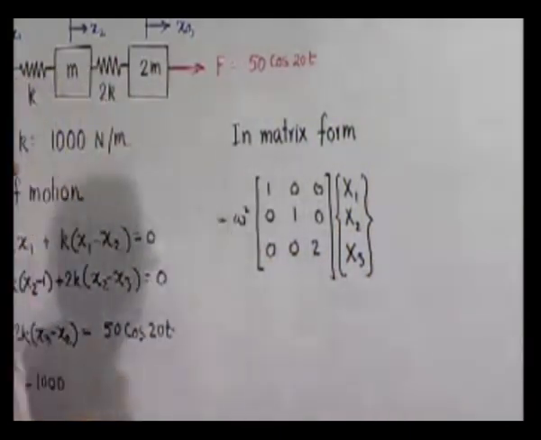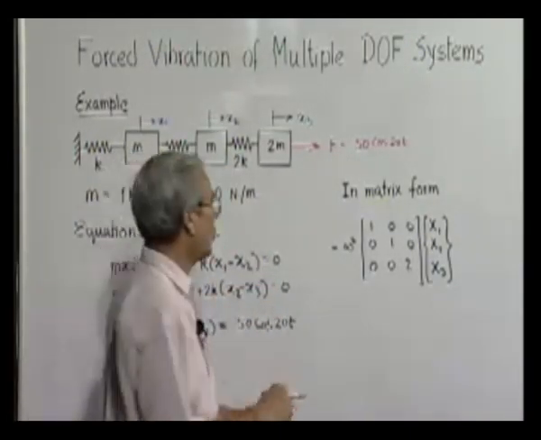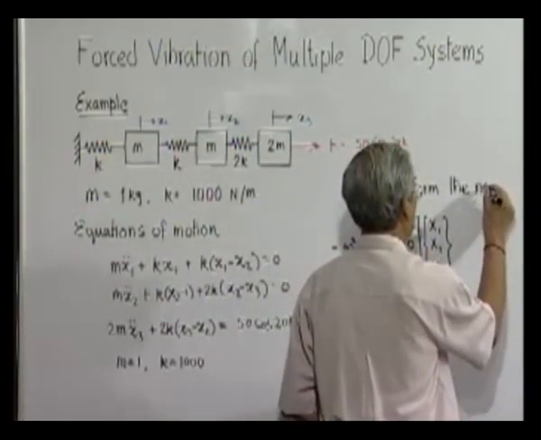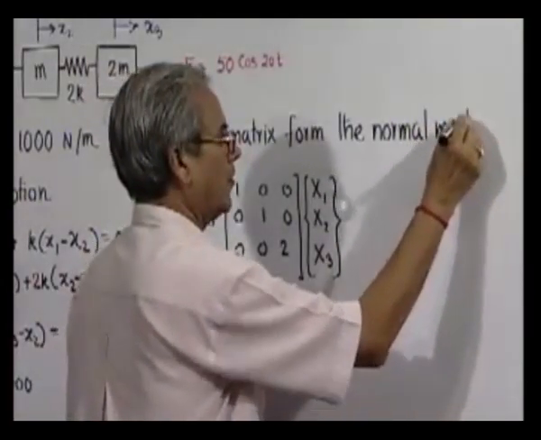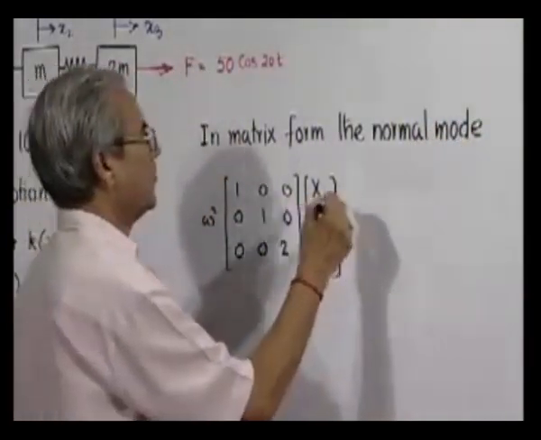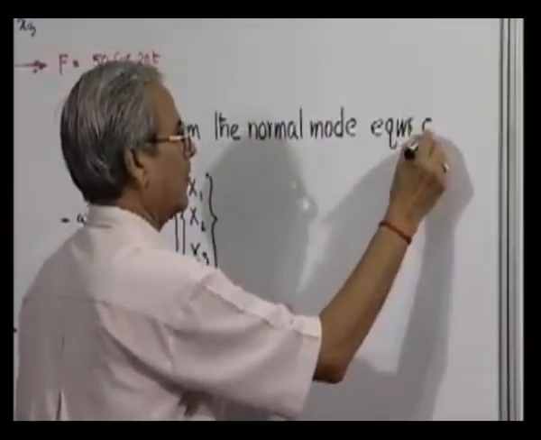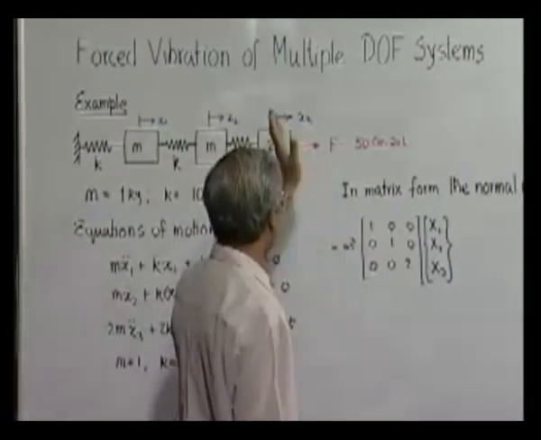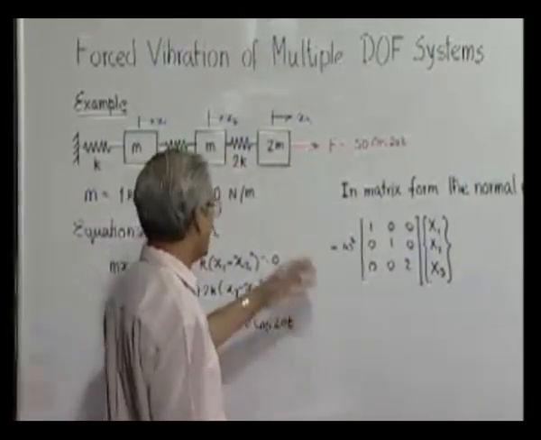So it is now clear that we are writing the equation of motion for a normal mode of vibration. Once it is normal mode vibration, we know that each one will oscillate with the same frequency and x can be written as x1 cosine omega t and so on.